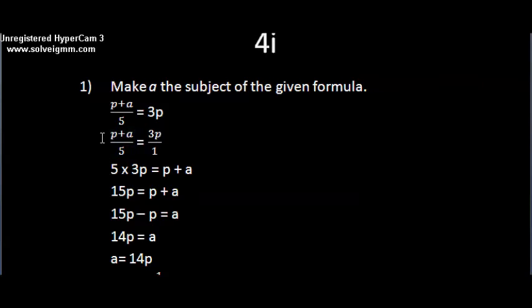So you can cross multiply p plus a into 1 and 3p with 5. So 5 multiplied by 3p is 15p and 1 multiplied by p plus a as it is. Now combining p terms on one side because you have to find a. So all the extra terms with a you will take to the other side. So it will become 15p minus p, which equals 14p.